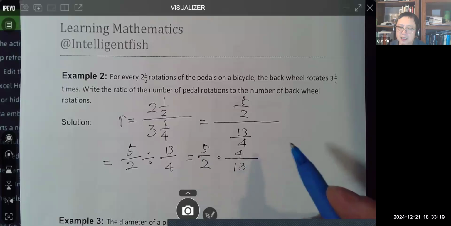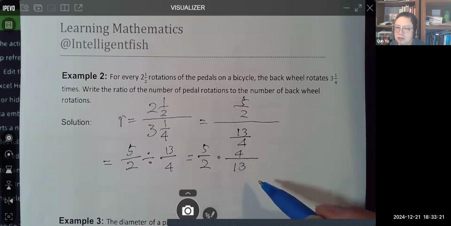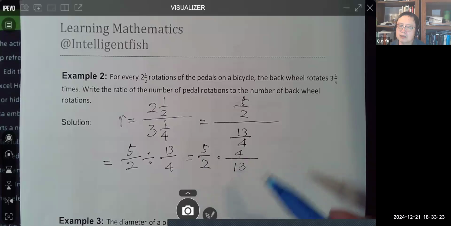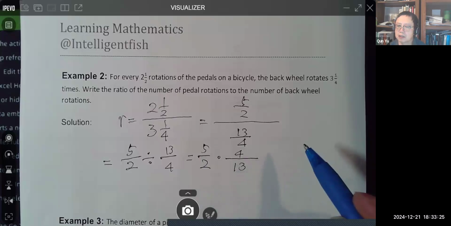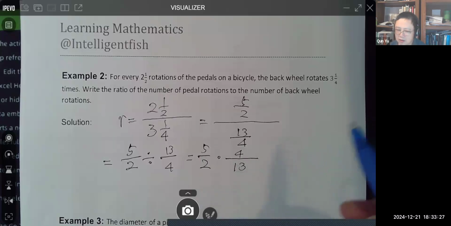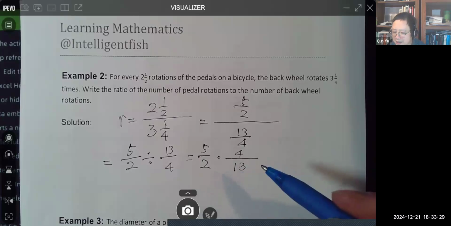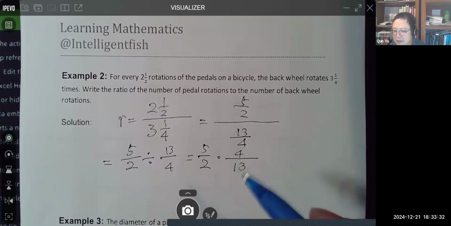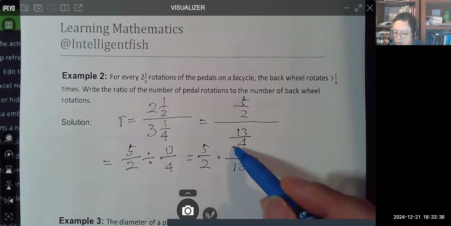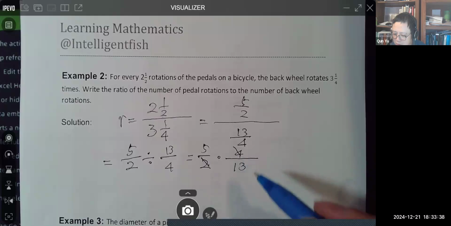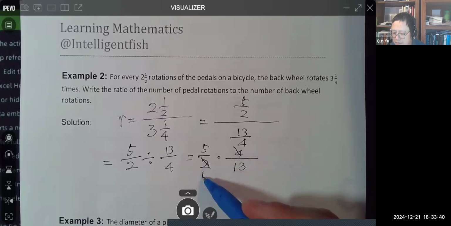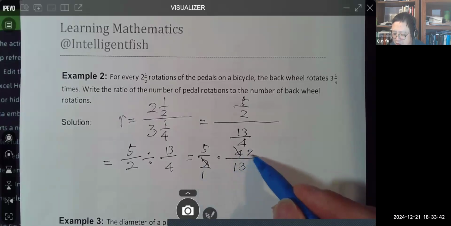The reason is that after you multiply them, you still need to simplify. You get a bigger number to simplify if you multiply first, so you bring more work to yourself. Instead, we want to simplify before we multiply. Between 2 and 4, both can be divided by 2. 2 divided by 2 is 1, 4 divided by 2 is 2.